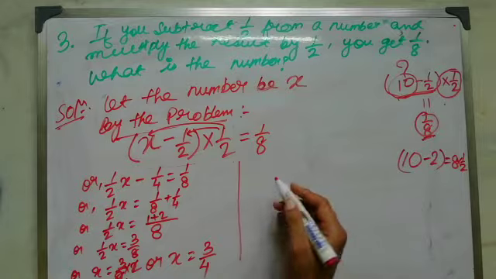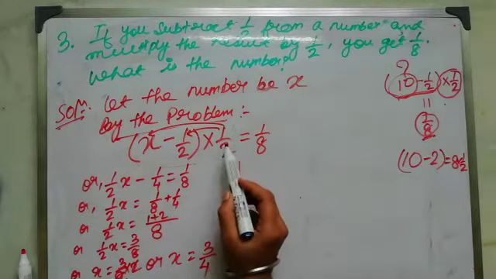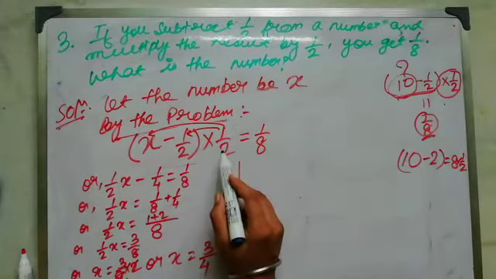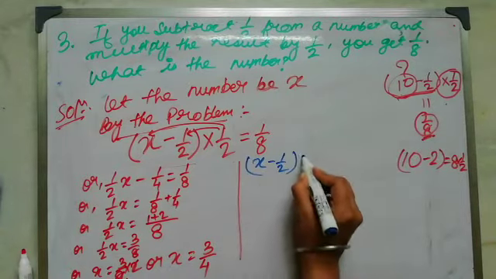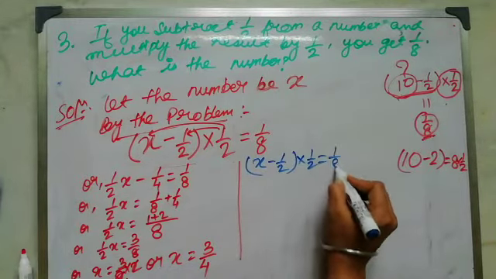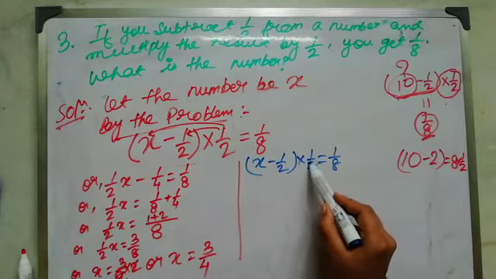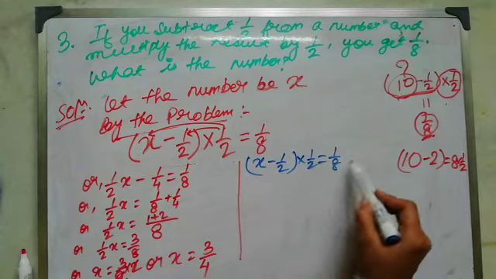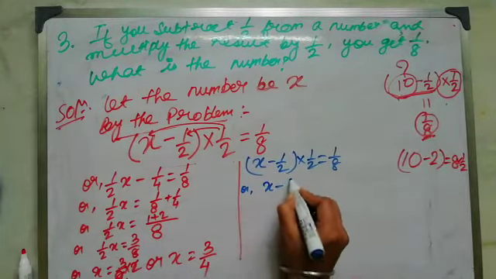What is the other method? The other method will be, I will not multiply this, rather I will directly take this there. That means, if this is my question, without opening the bracket, I will take this 2 which is in the division form directly there, and it will become multiplication form.